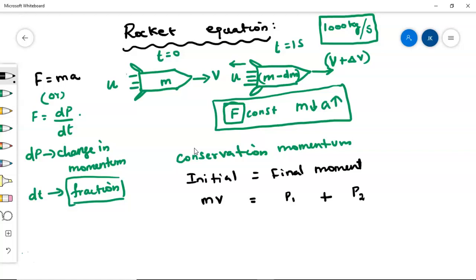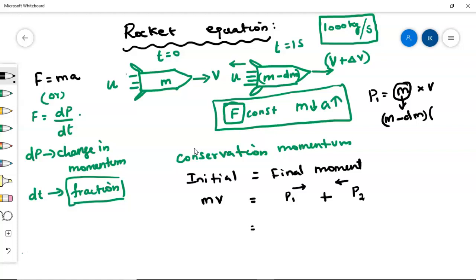These two are in opposite directions. The momentum of the rocket is forward and the momentum of the fuel is backward. So here we know that momentum is mass times velocity. In the final momentum, the mass of the rocket will be m minus dm, as the mass of fuel is burned, so the total mass is reduced, m minus dm.